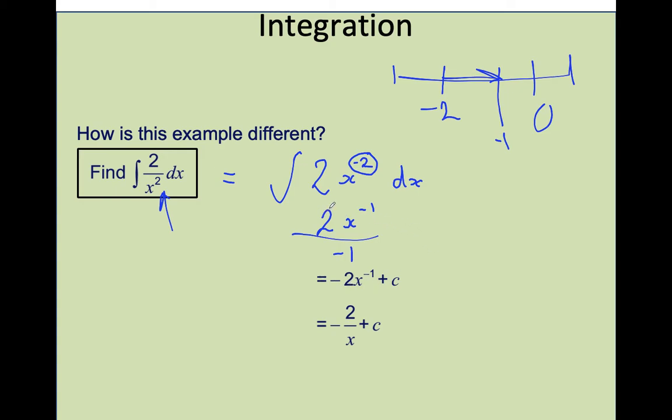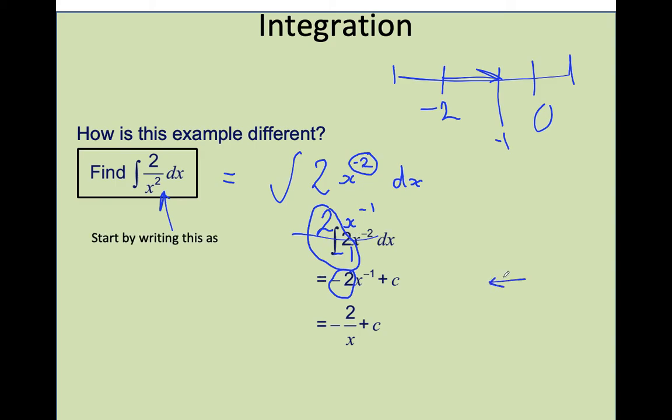You can do that on your calculator and you will realise that 2 divided by minus 1 is going to be minus 2. So this is where they've got their answer. And then last but not least, they've changed the x to the minus 1 to minus 2 over x. So you can do that or you can just leave it like this if you prefer.